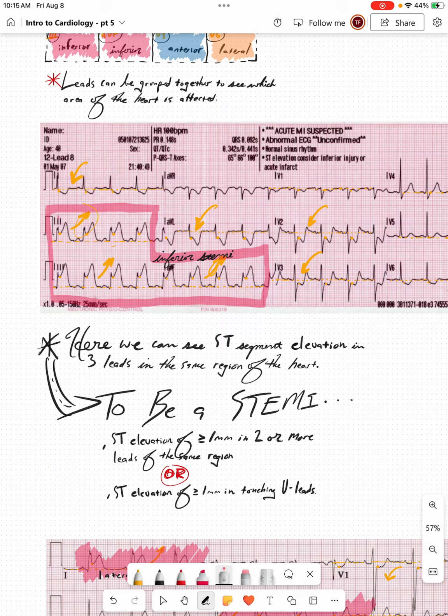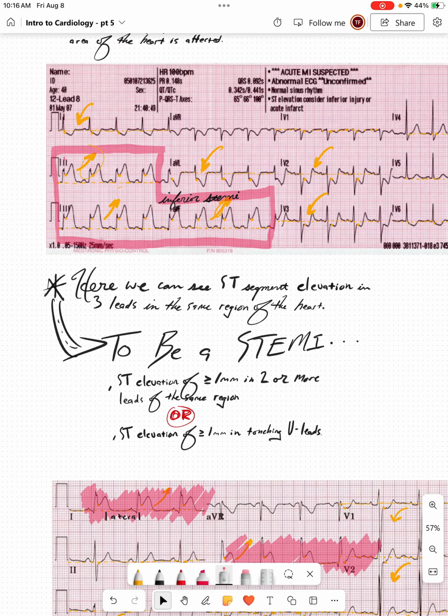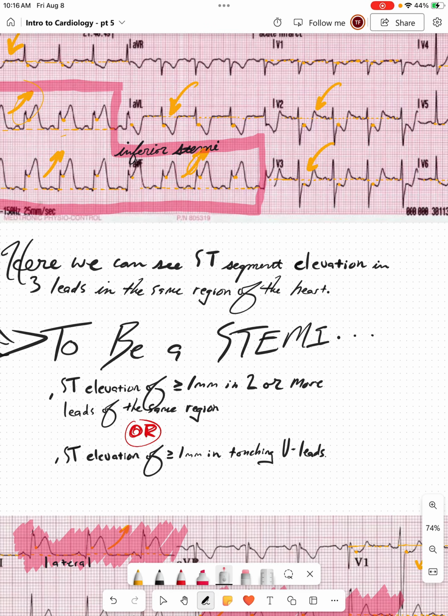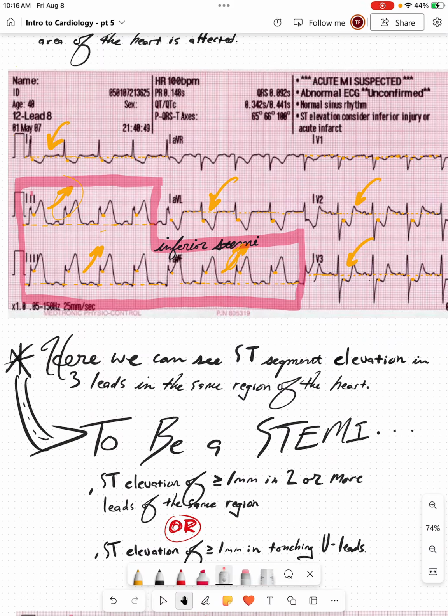So again, here we can see ST elevation in 3 leads in the same region of the heart. To be a STEMI, ST elevation must be greater than or equal to 1 millimeter in 2 or more leads of the same region, or ST elevation greater than or equal to 1 millimeter in touching V leads. So what does that mean?